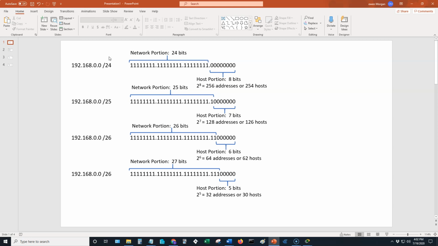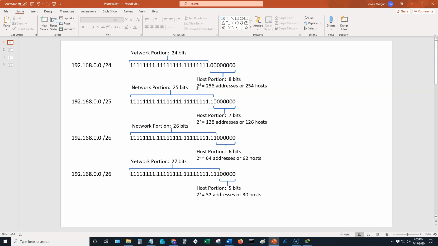So the initial address space we've been given is 192.168.0.0 with a subnet mask of /24. Our network portion here is 24 bits, as indicated by the /24. This is used for the network, so the first three octets, that is 192.168.0. These last 8 bits we can use for our host portion.